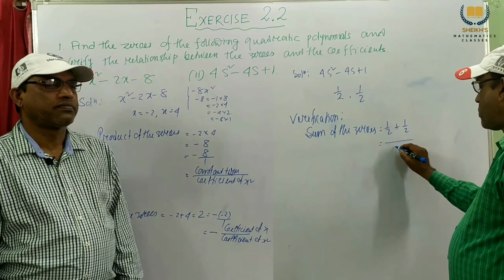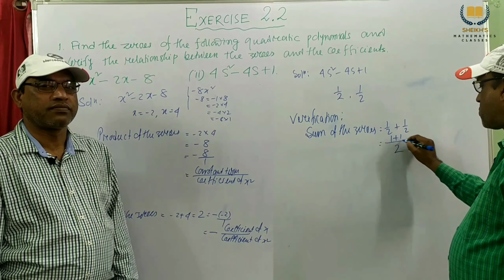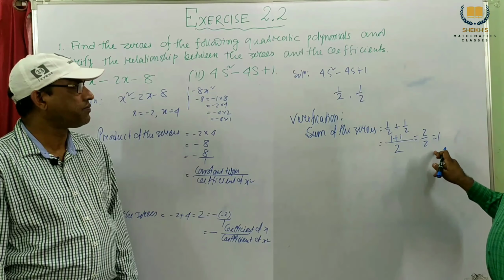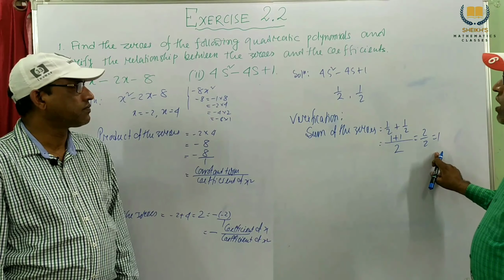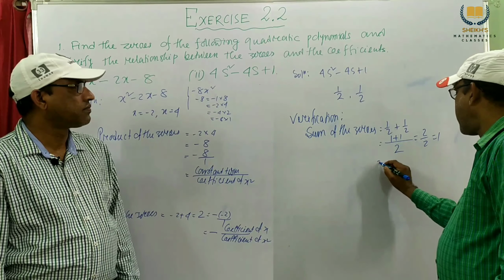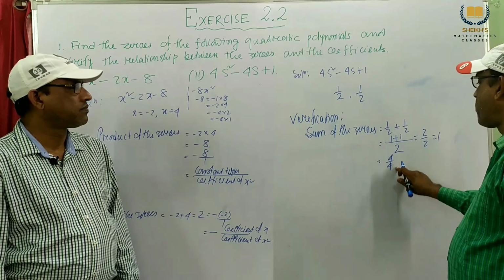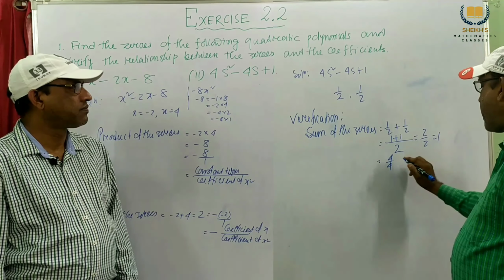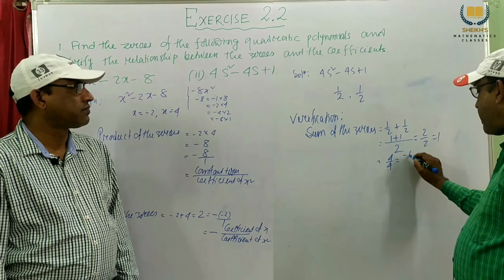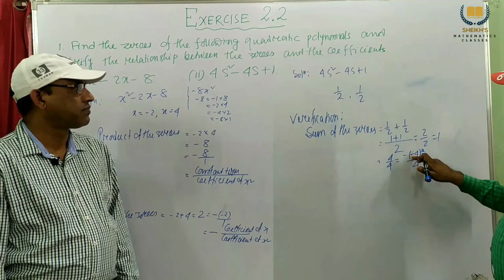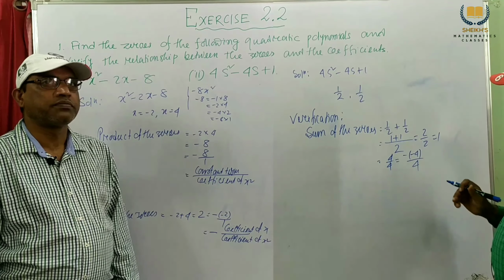The LCM is 2, 1 plus 1 is 2 by 2, which is 1. So we get 1, and 1 we can write as 4 by 4, and this can be written as minus 4 by minus 4. Minus and minus cancel, and we get 1.